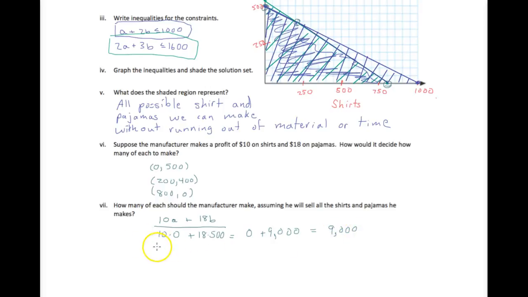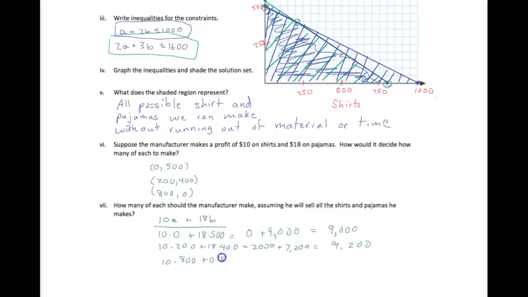And then the next possibility is he could make $10 for each of the 200 shirts, plus $18 for each of 400 pajamas. That's going to give us 2,000 for the shirts, and another for the pajamas. That's $9,200.